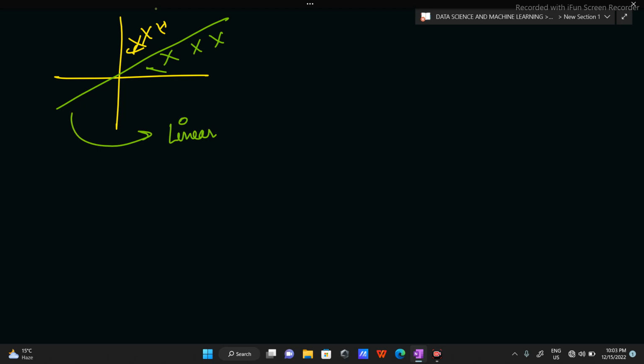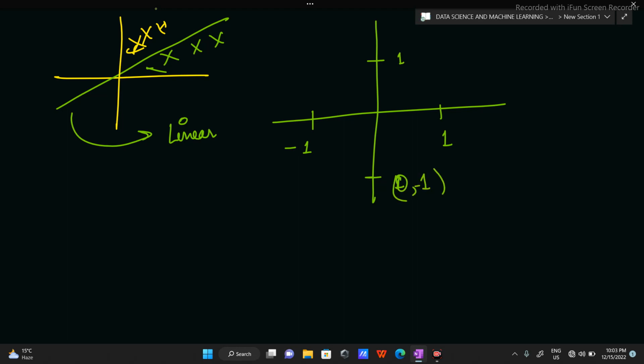But in some cases, like see, I'm taking a very simple example. In real life you are never going to get it, but if we have something like this, we have a unit circle, right? This is 0 comma negative 1, this is 1 comma 0, this is 0 comma 1, and this is negative 1 comma 0.